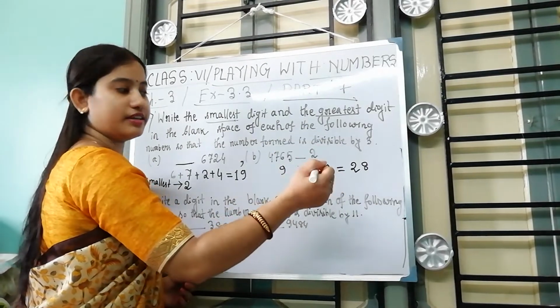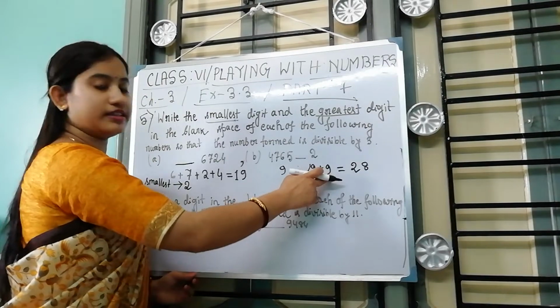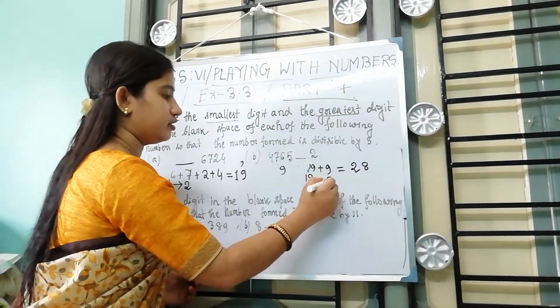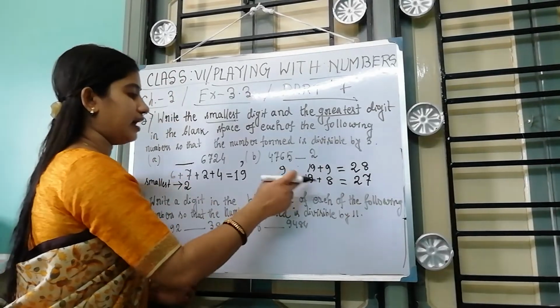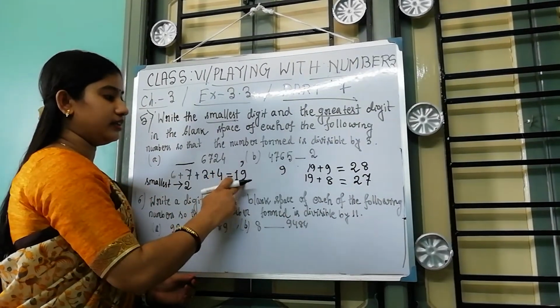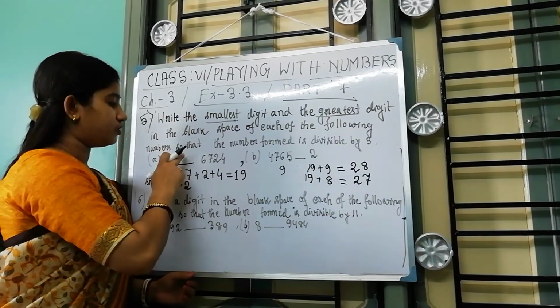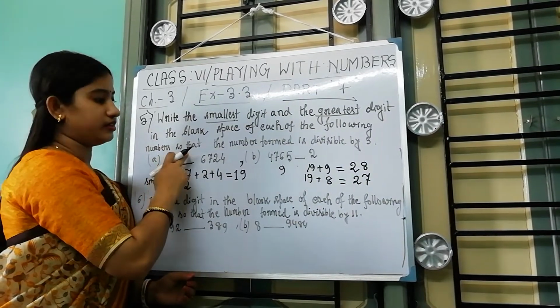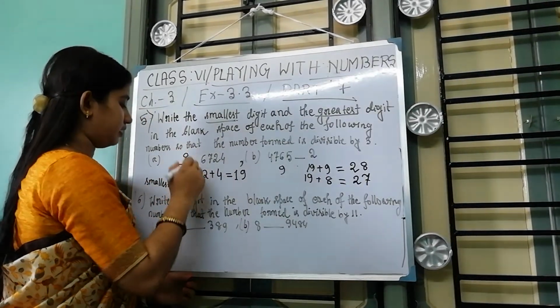The next number is 27, and we decrease 9 to 8. Now if we add 8 with 19 then we get 27, which is divisible by 3. So if we put 8 in this place then the sum is 27. So we put 8.